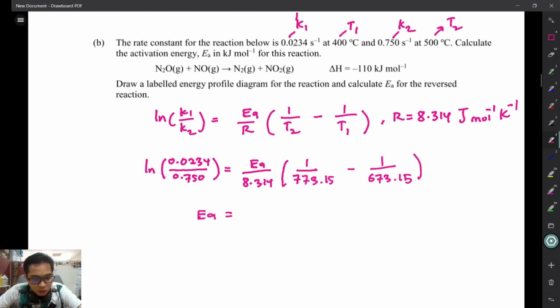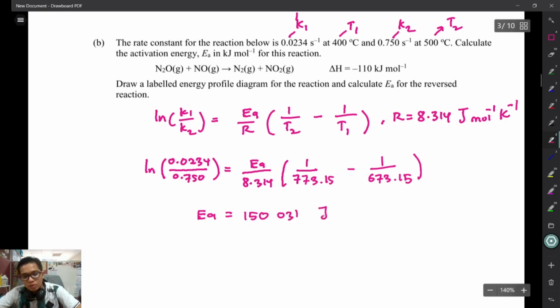So what I have calculated before, check first. Okay, so Ea will be 150.031 if you get the value from your calculator, which means this is in joule per mole. Why joule? Because R just now was in joule.